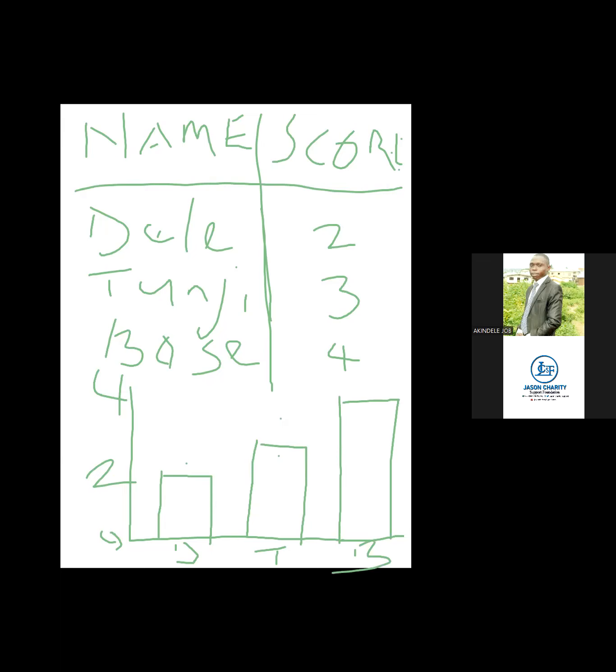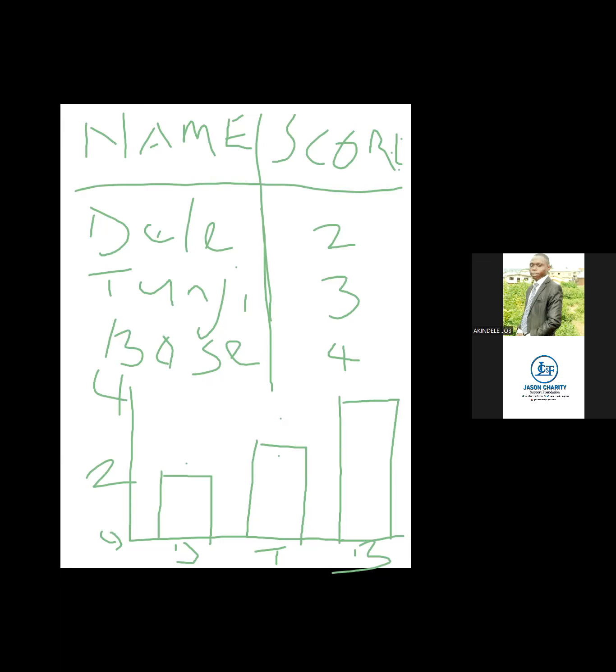Now, number 1, the first thing you have to discover is that the width or the breadth of the bars are the same. That is one of the key things when you are trying to draw a bar chart. You must make sure that the width or the breadth are the same. But the height of the bar cannot be the same, because the height of each bar represents particular information.